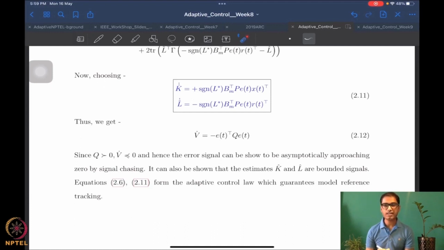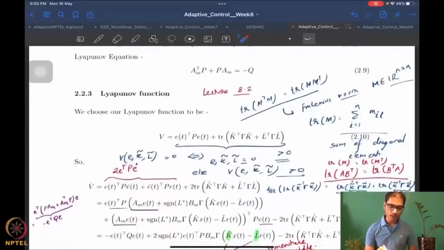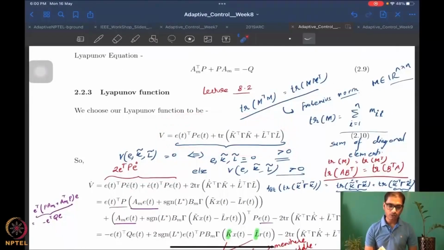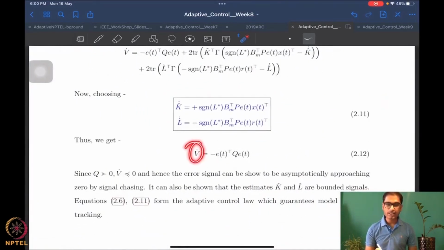This we can do by signal chasing and using Barbalat's lemma. Of course, you can also show that these are bounded signals, no problem. Why? Simply because V was chosen as a positive definite function containing quadratic terms in E, K tilde and L tilde. And we've also shown that V dot is less than or equal to 0.